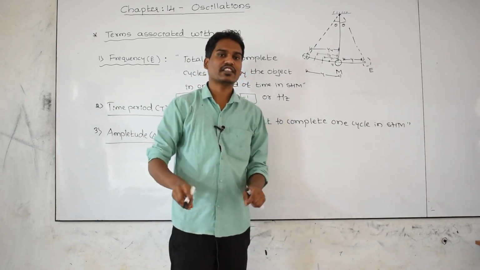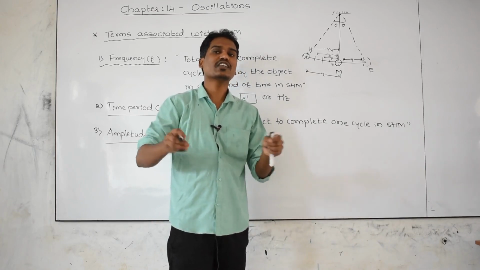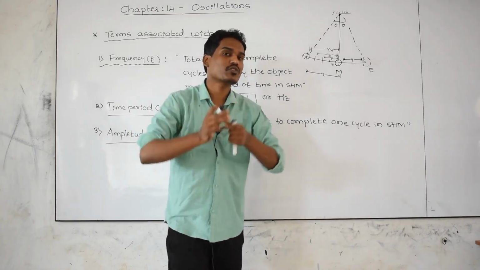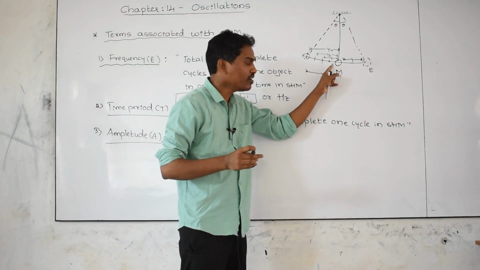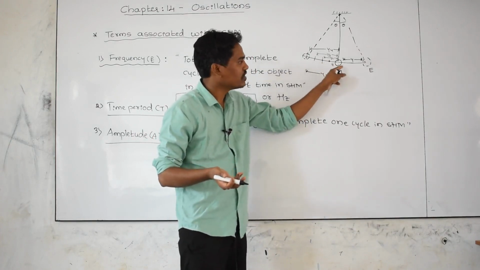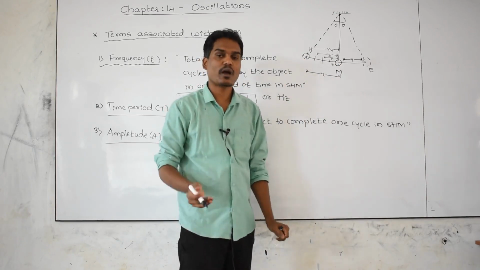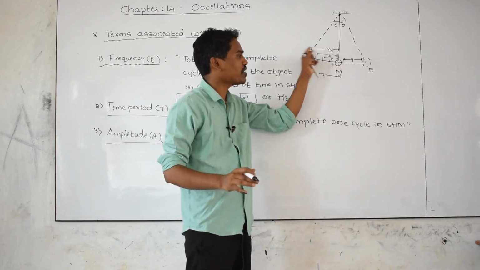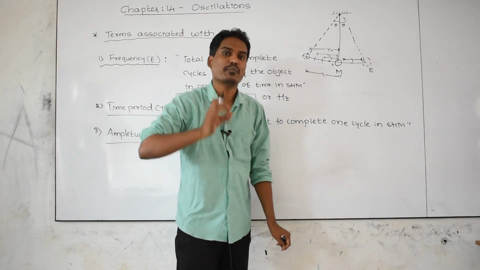Among y1, y2, y3, y4, which displacement is maximum? Is it y1? No. Is it y2? No. Is it y3? No. Is it y4? Yes. Among all displacements, y4 is maximum from the mean point.